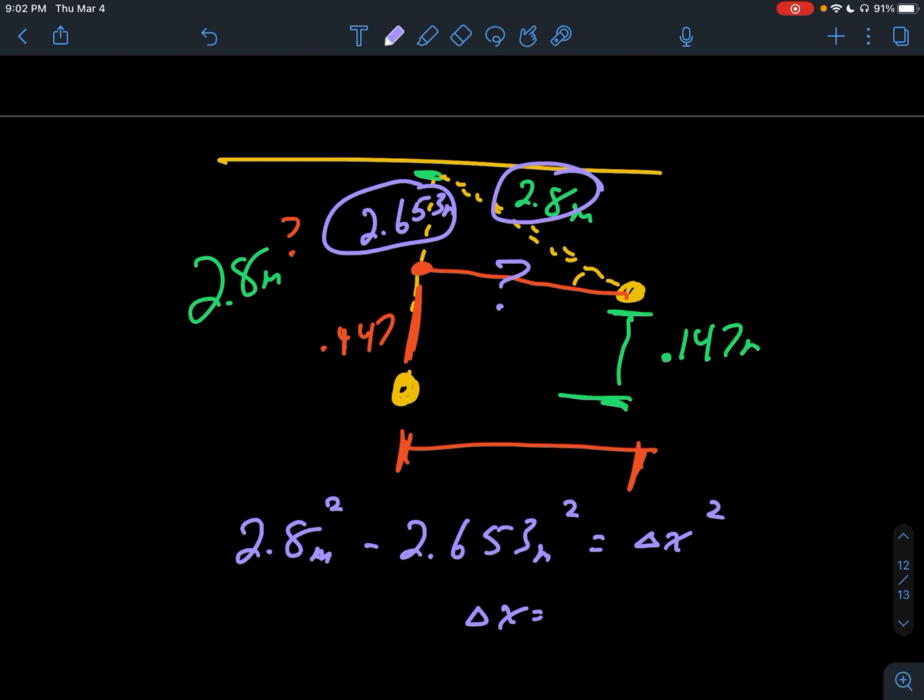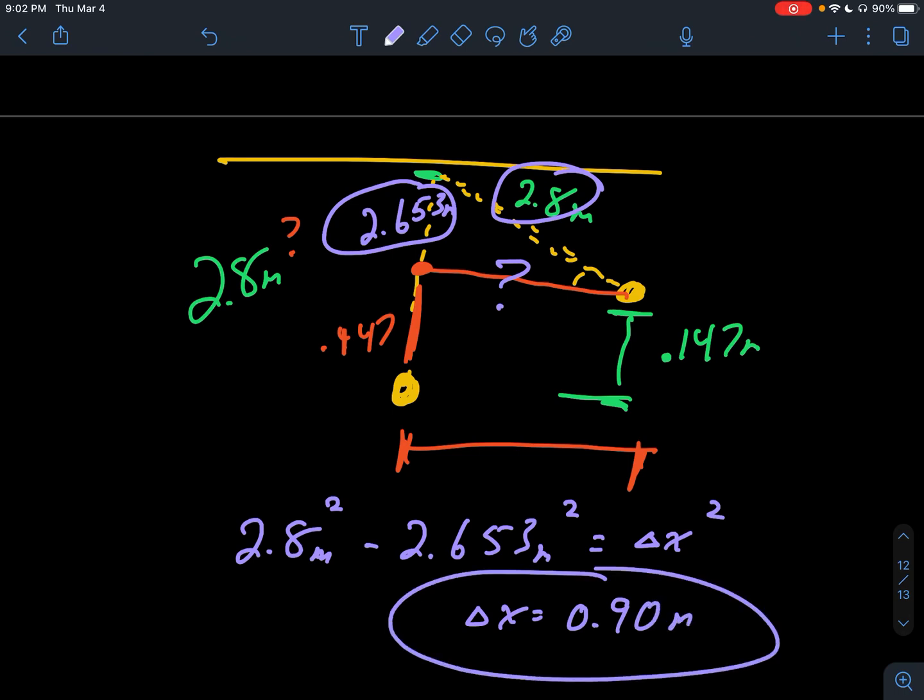And it's 0.895, so we'll call that 0.90 meters. So we have our horizontal, and we have our vertical displacement.